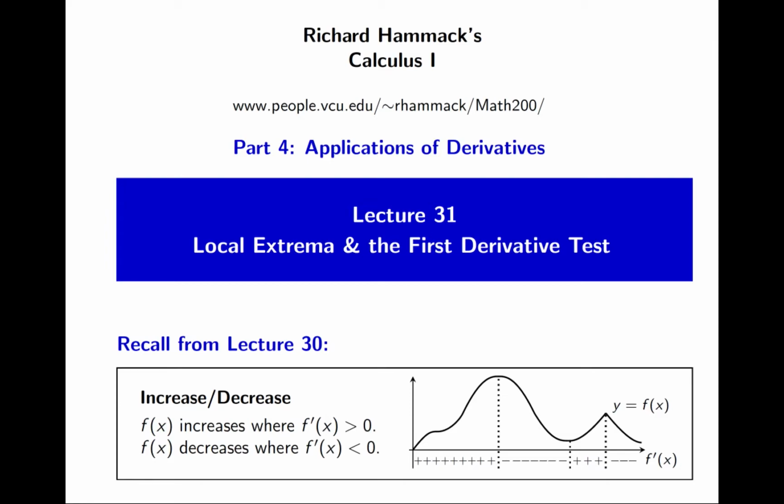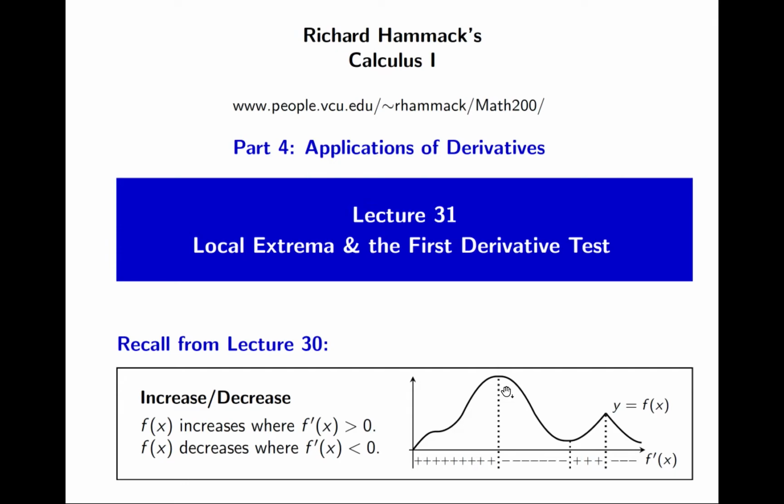Today we're going to be concerned with the special places where the derivative changes sign, either from positive to negative or negative to positive. The places where the function f stops increasing and starts decreasing, or stops decreasing and starts increasing.